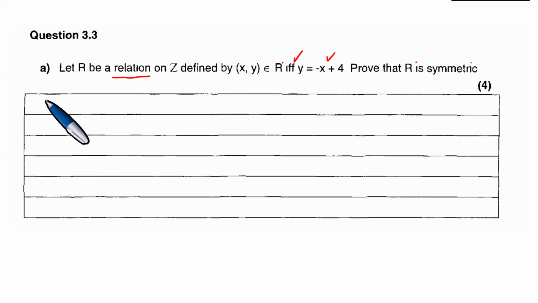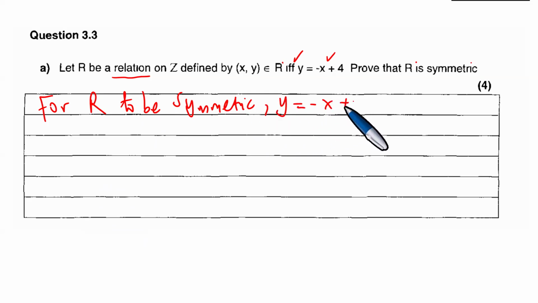Now, we note that for R to be symmetric, y equals minus x plus 4 must equal x minus y plus 4.